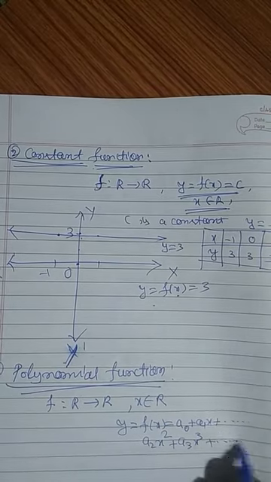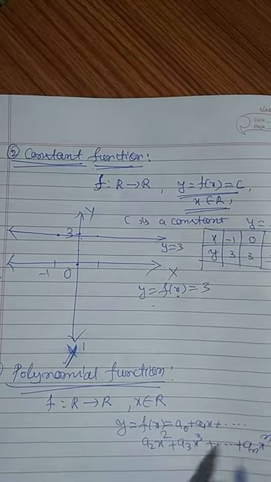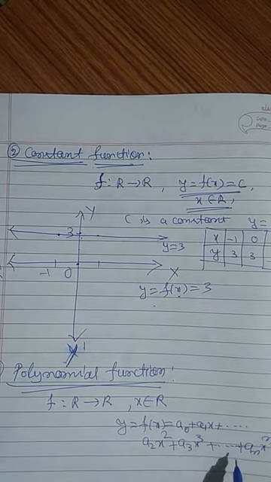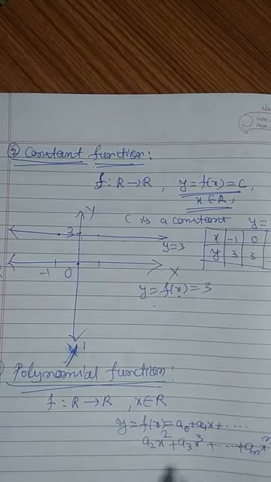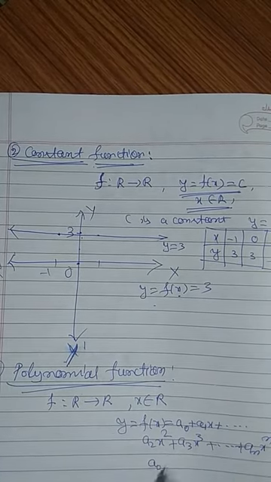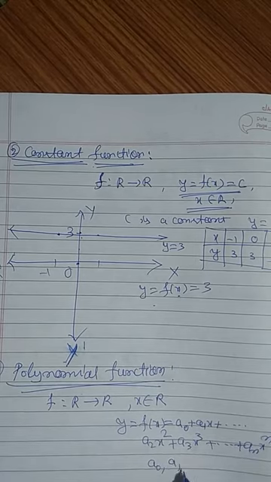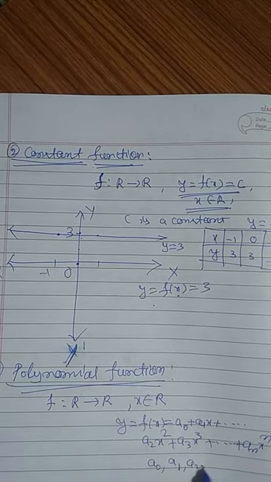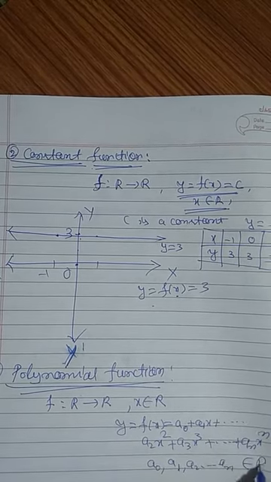Okay, this is an x to the power n. What are a0, a1, a2? These belong to the real numbers, meaning these are real numbers. a0, a1, a2 dot dot an are real numbers.